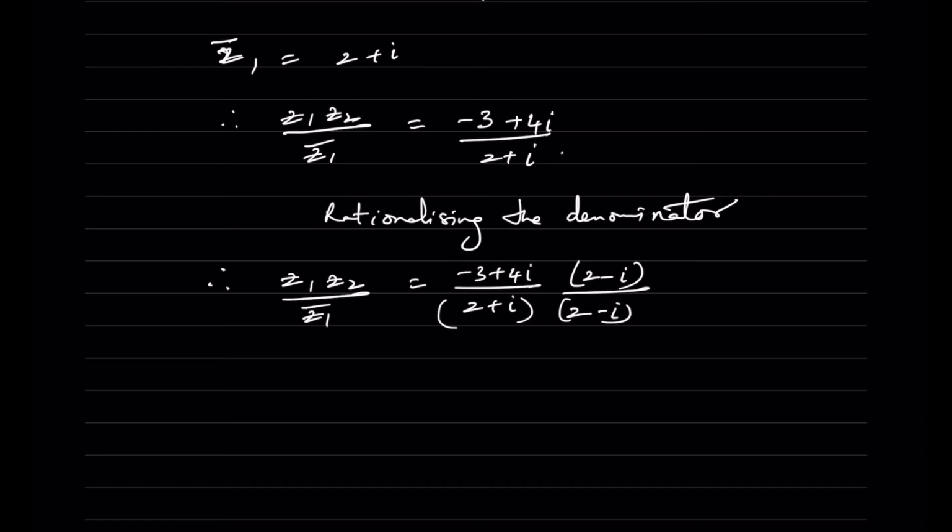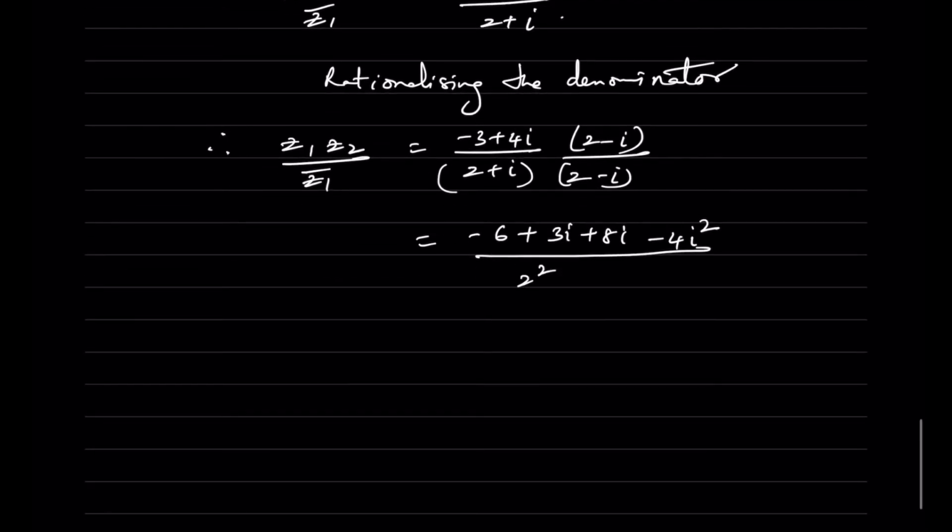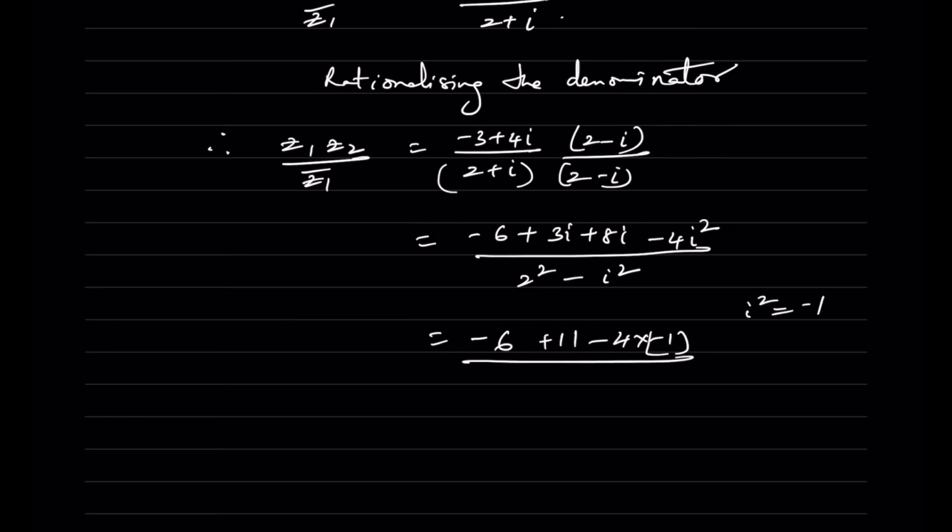Which is equal to, here you are going to get -6 + 3i + 8i - 4i² divided by 2² minus i². So you are going to get -6 + 11i minus 4 into -1, because i square is equal to -1, divided by 2² into minus of -1.